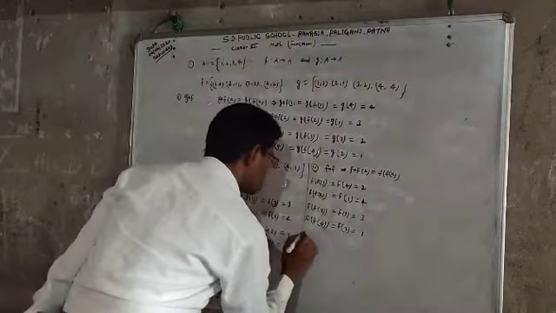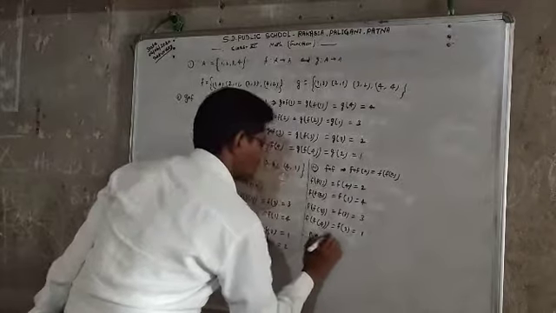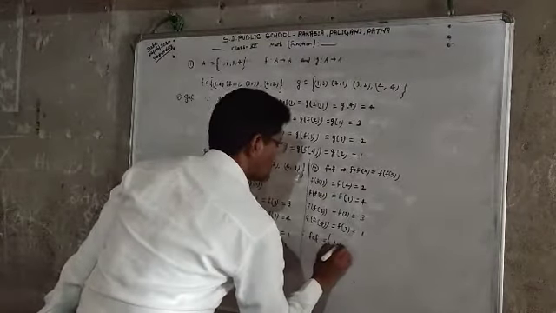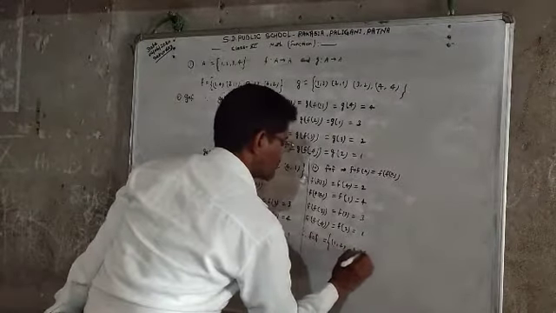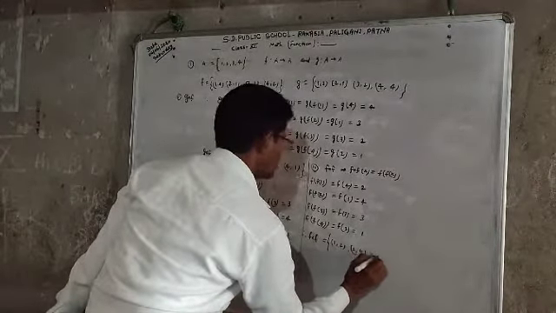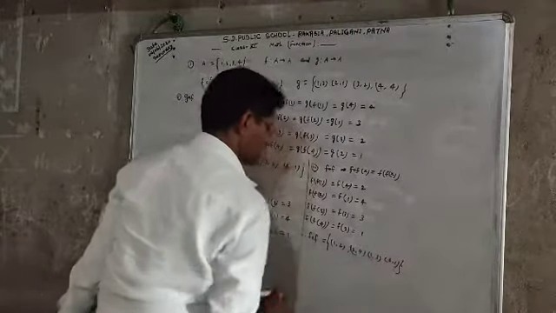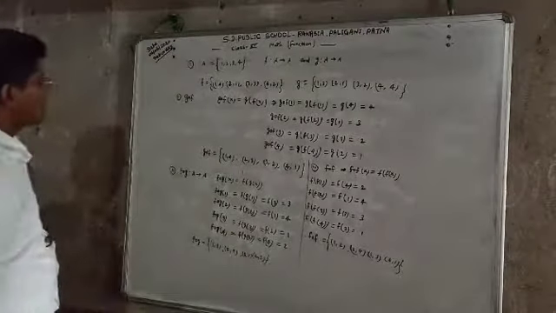So therefore we have found FOF as a set whose elements are 1 with 2, 2 with 4, 3 with 3, and 4 with 1. It is an example of a function.